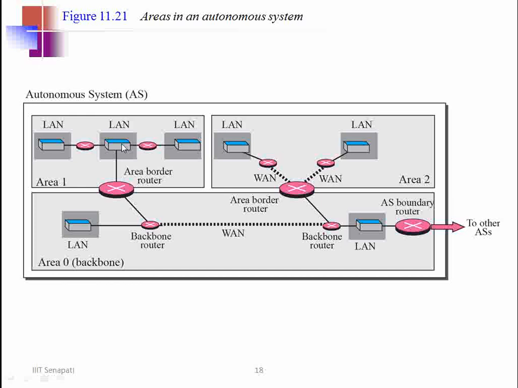Within this area, the information will be flooded, and after that the area border router will maintain all the routing information of the area, and it will help the backbone routers with the information of this area, right?